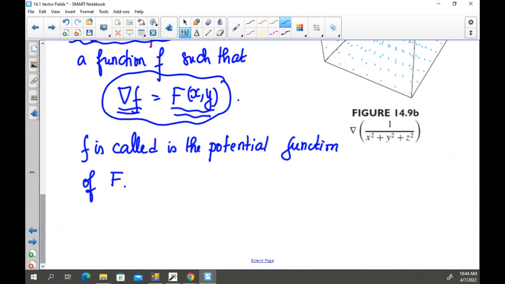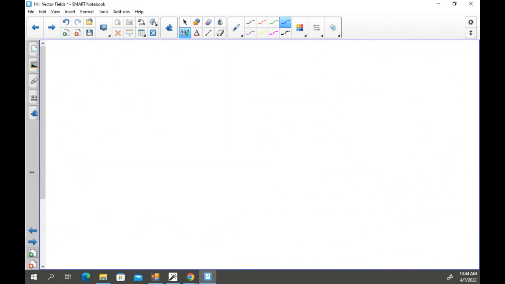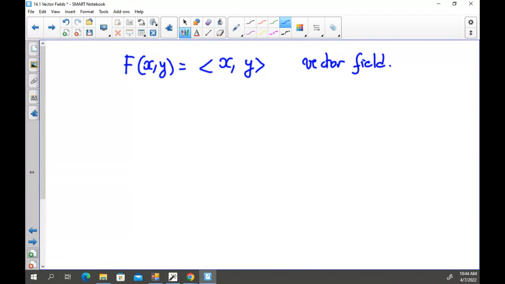So I want to solve. Let me just explain what we want here. Suppose I give you this function, F of (x, y), this is a vector field. For example, F of (1, 0), of course, will be just the vector (1, 0), etc. So you have this vector field.